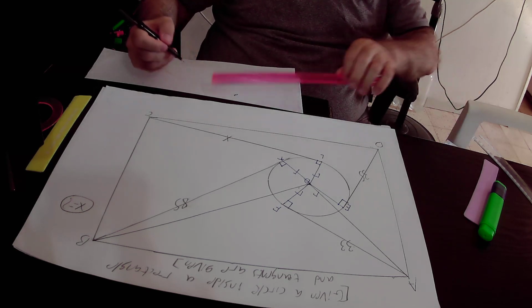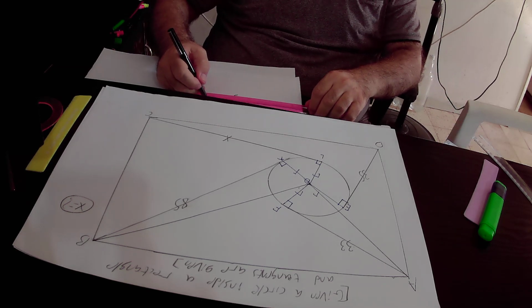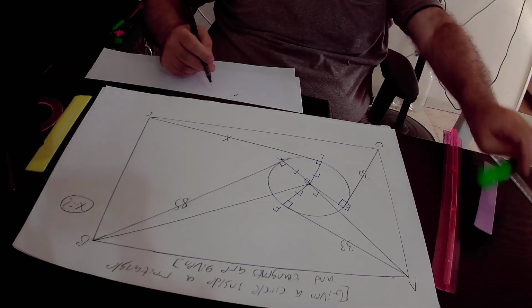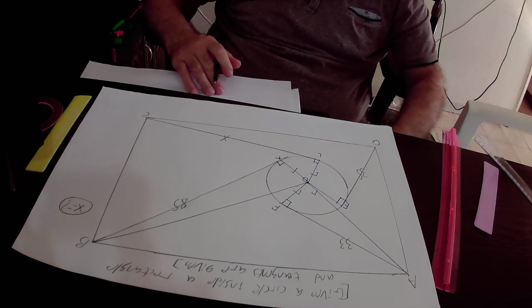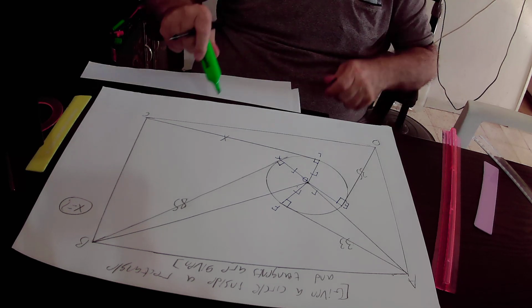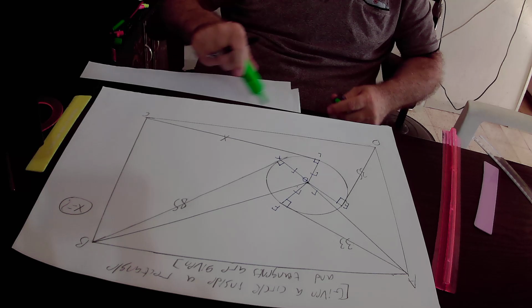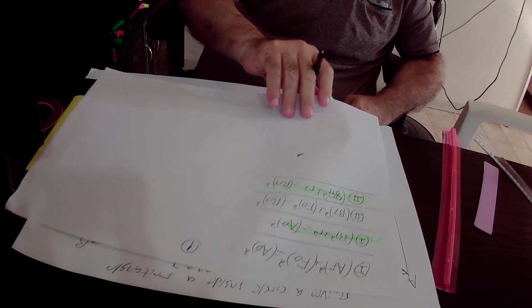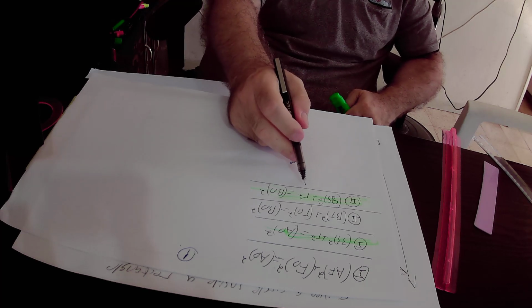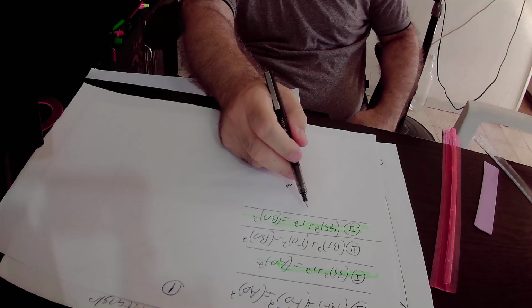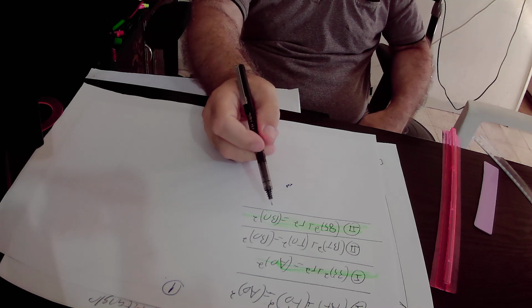So in conclusion, according to equation number 2, we found out that 85 squared plus R squared equals BO squared.